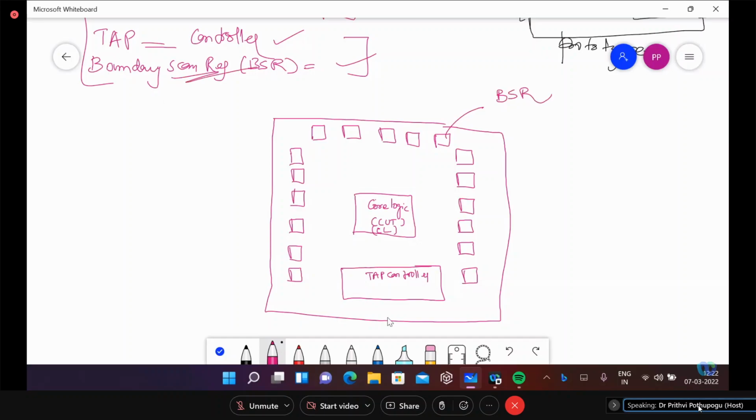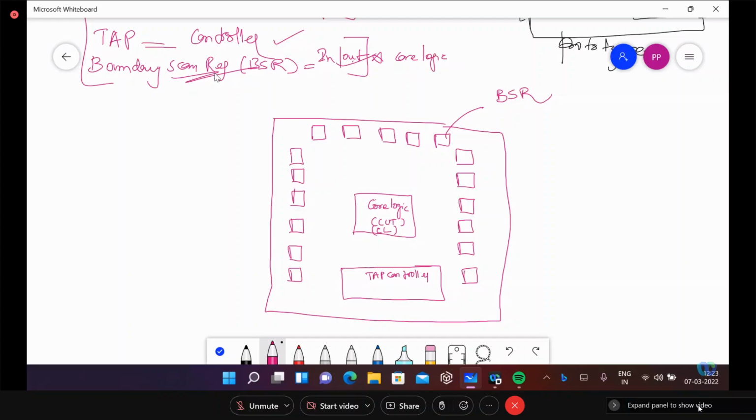Now, the connectivity is that these boundary scan registers will be used for communicating with the external inputs and outputs, as well as the core logic.